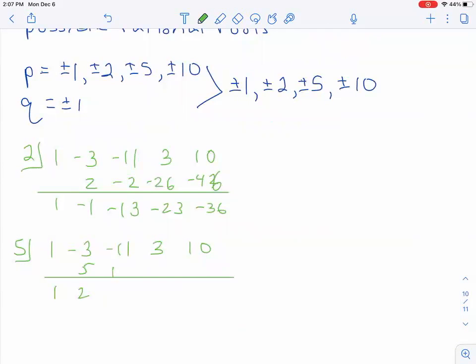Add down, multiply, add down, multiply, add down, multiply. Oh my gosh. That was a good guess. So that's good. We got a remainder of 0.